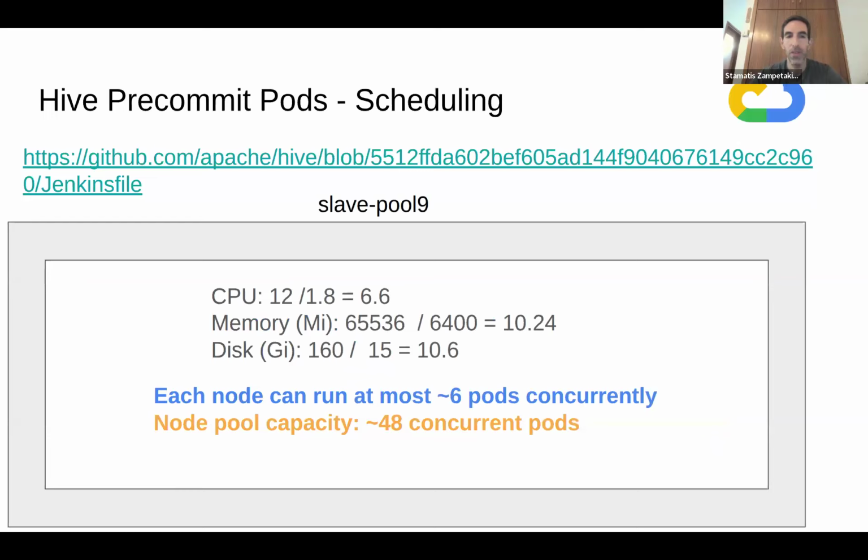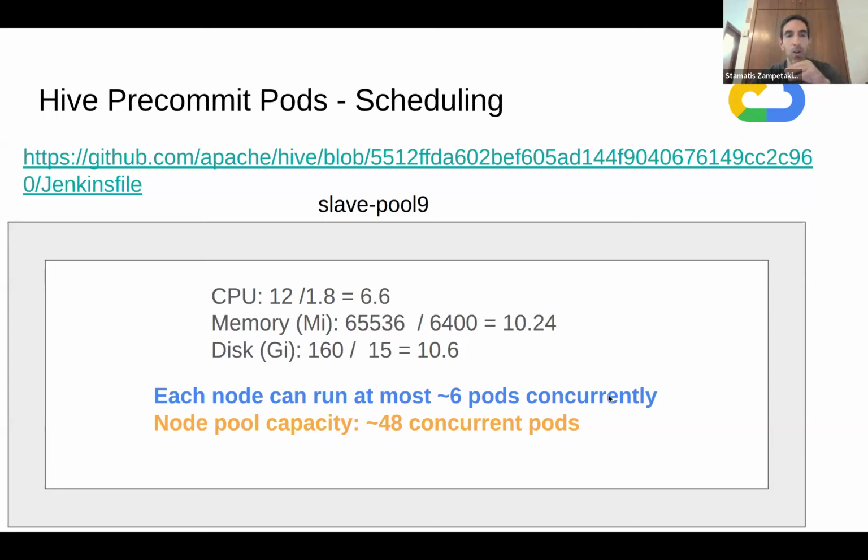So if we do a bit of calculation, each node can run at most six pods at the same point in time.